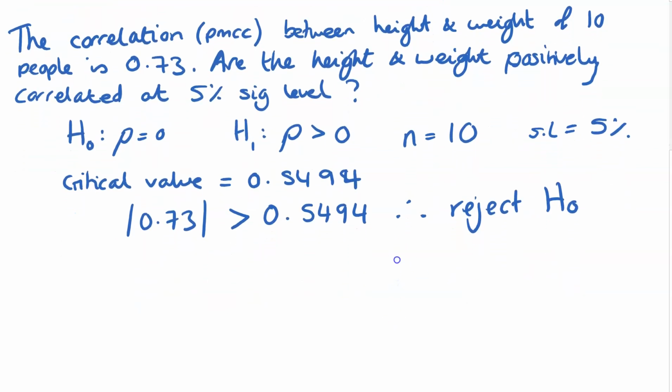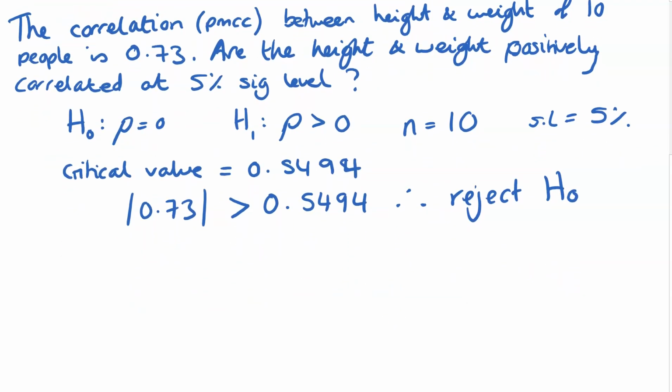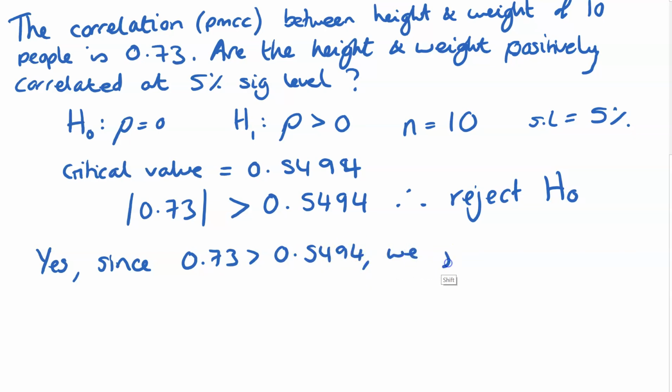So with the question being, are the height and weight positively correlated? So we say yes, since 0.73 is greater than 0.5494, we reject H0, and then put it in context.